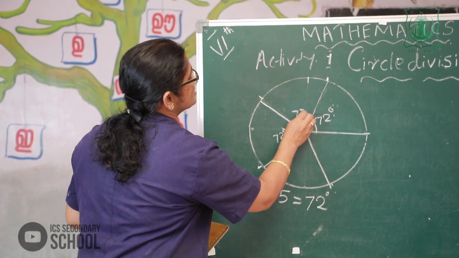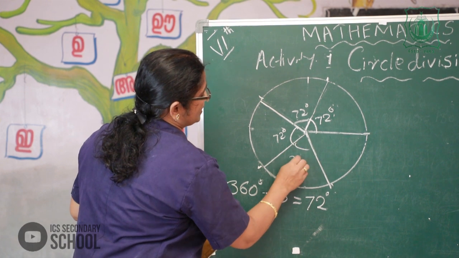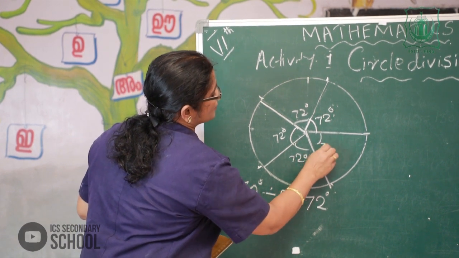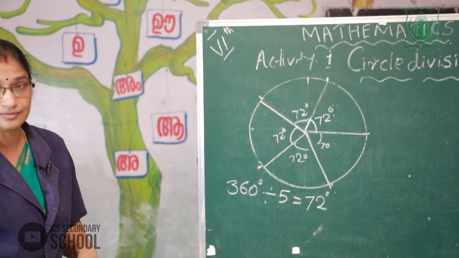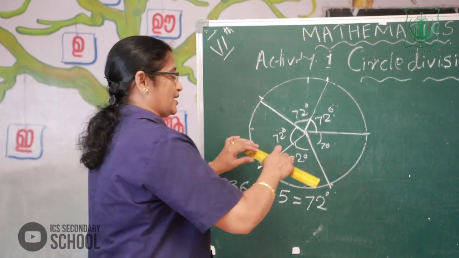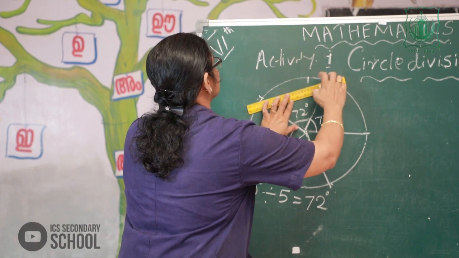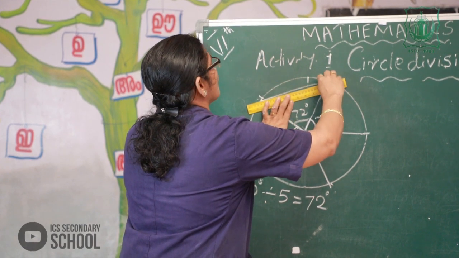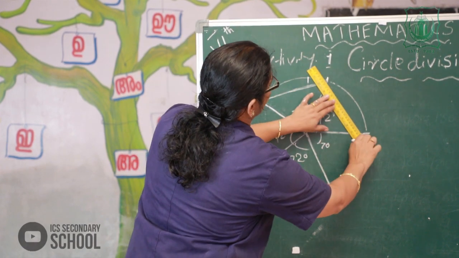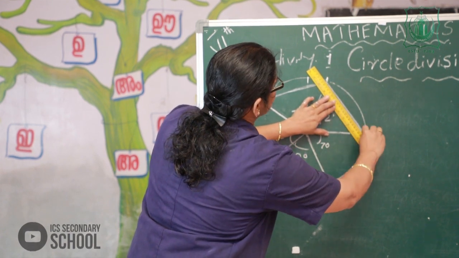All the angles are 72 degrees. Then we draw a line.